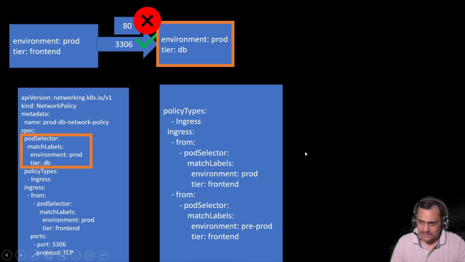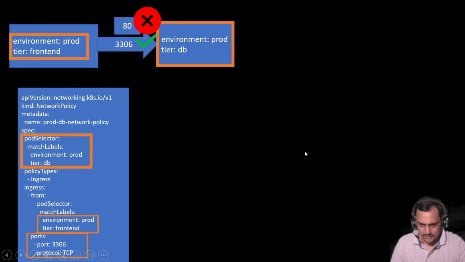Now one can understand here. What we can take from here is that if we do not mention any port number, it means that it will allow all the ports. But whenever we are applying a single thing, it means that you want to specify only that port number only.